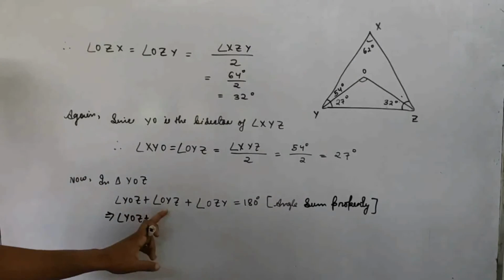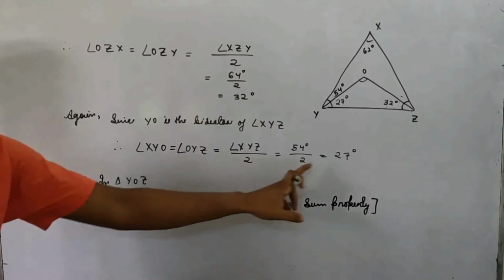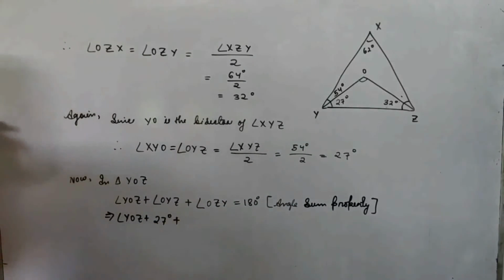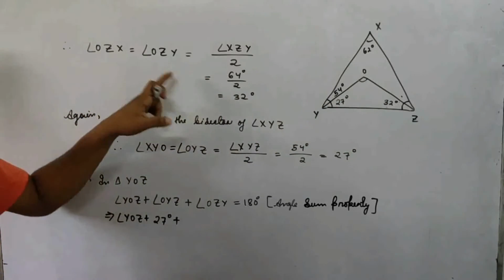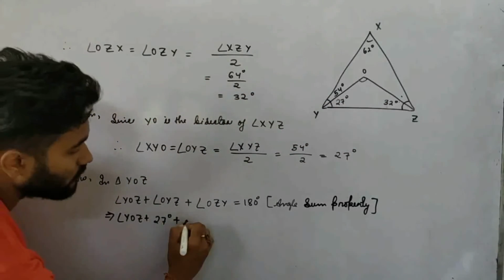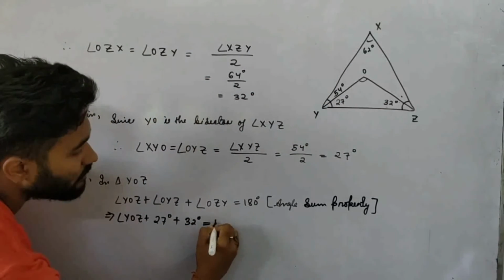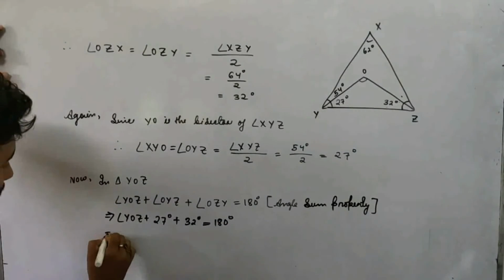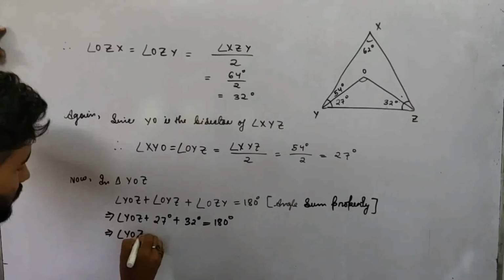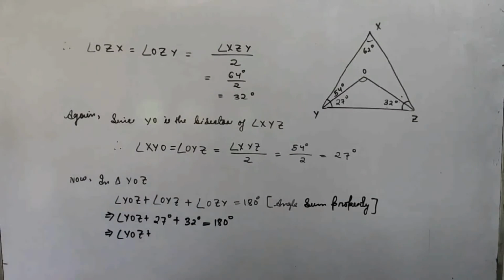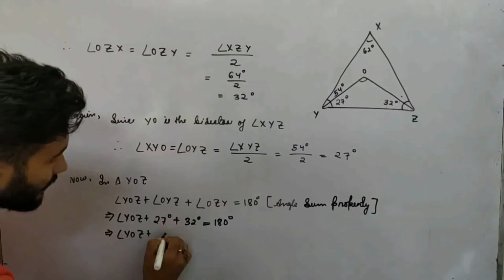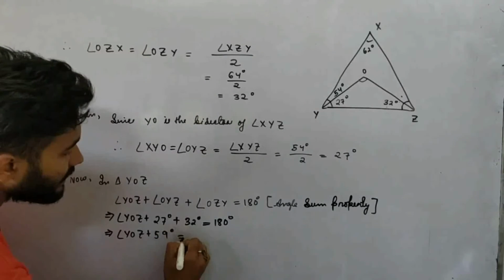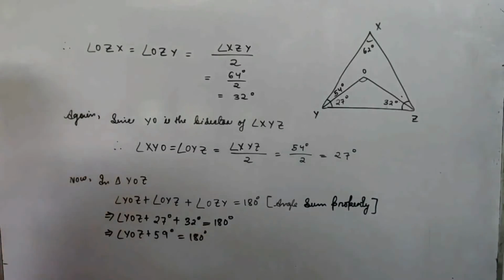So which implies angle YOZ, what is the value of OYZ? OYZ is 27 degrees. OZY is 32 degrees. So angle YOZ plus, what is 32 plus 27? 59 degrees, will be 180 degrees.